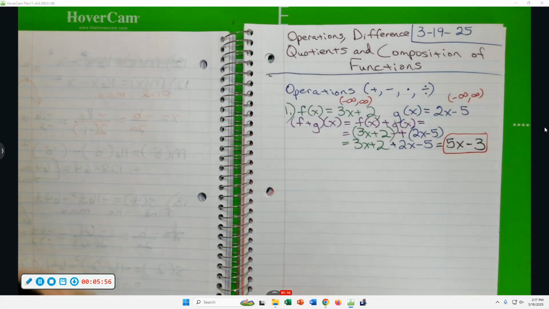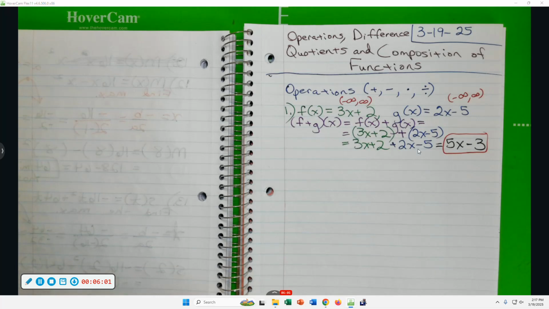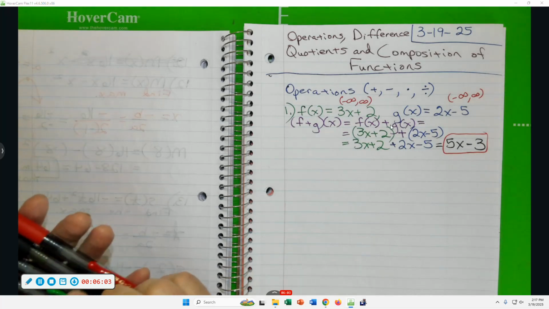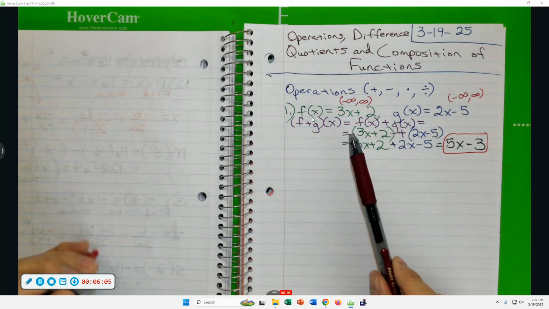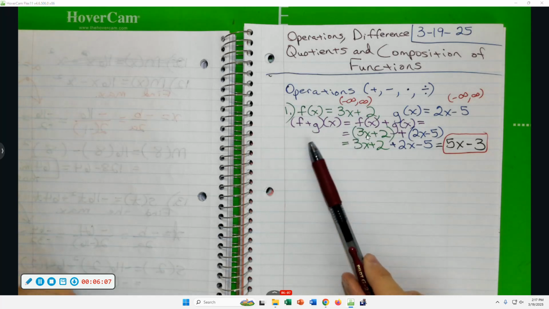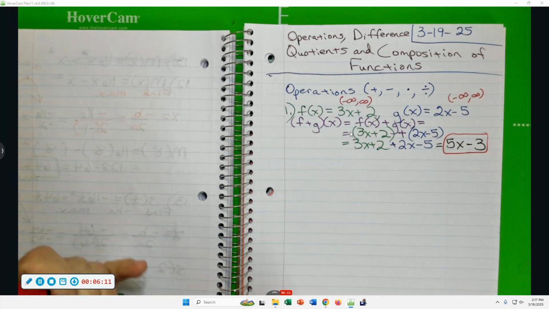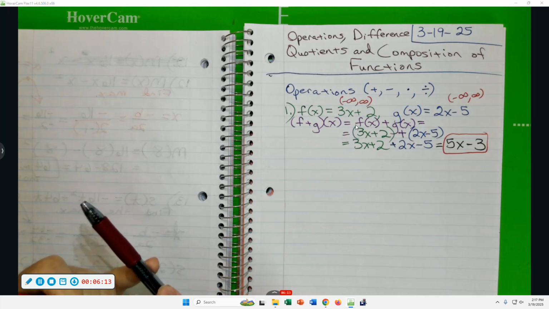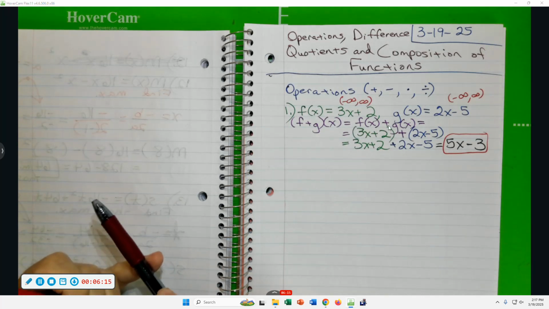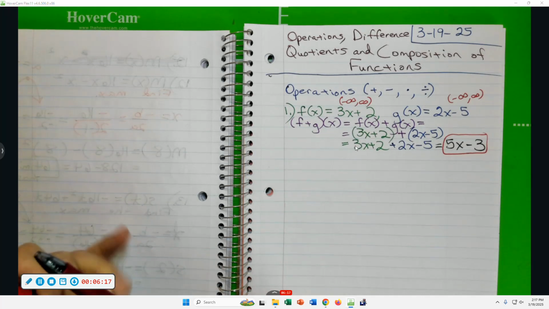Let's go ahead and find the domain right now. Now remember the problem. When you're finding domains of functions, you have to make sure denominators don't equal 0. You have to make sure that there are no square roots of negative numbers.